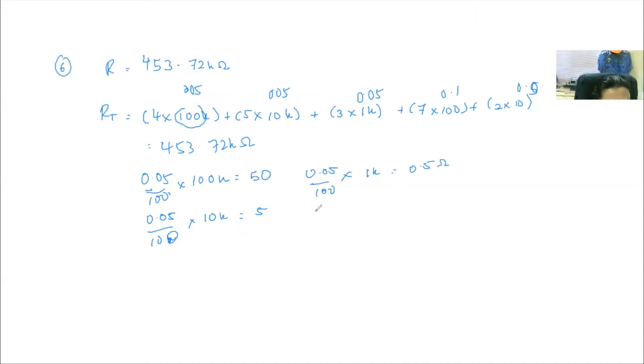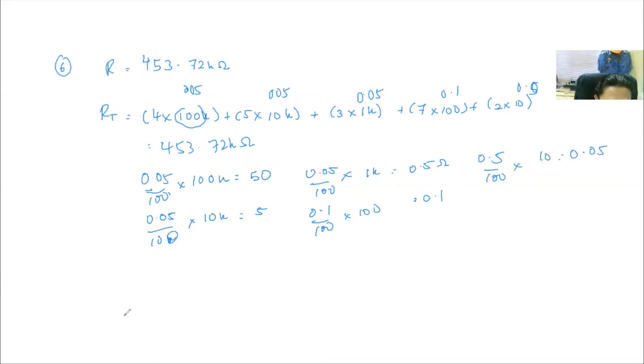Then 0.1% of 100 gives 0.1 ohms. The last one, 0.5% of 10, gives 0.05 ohms.